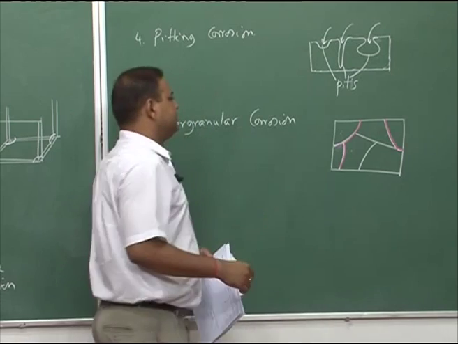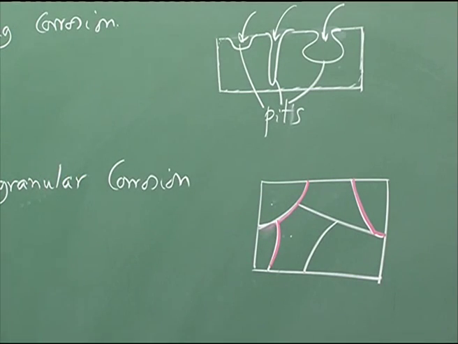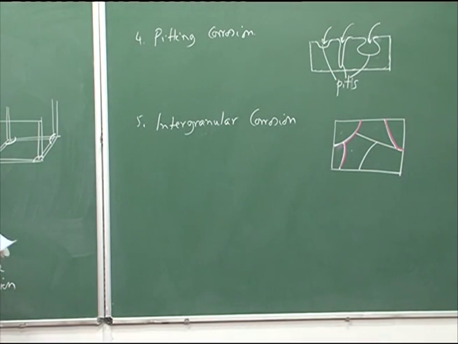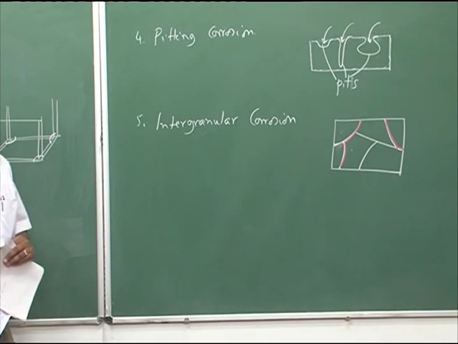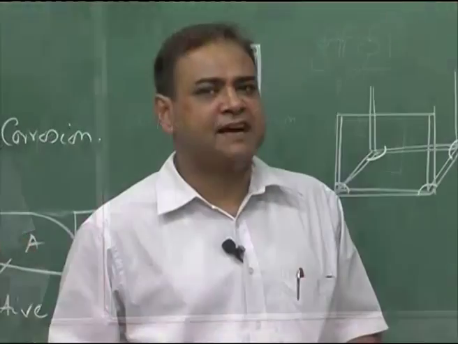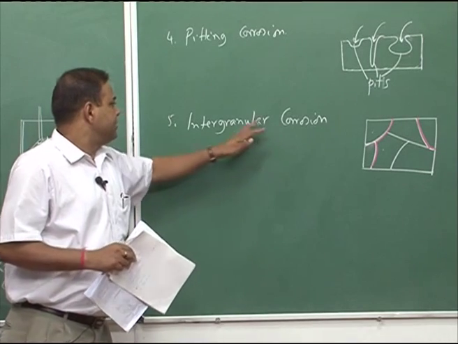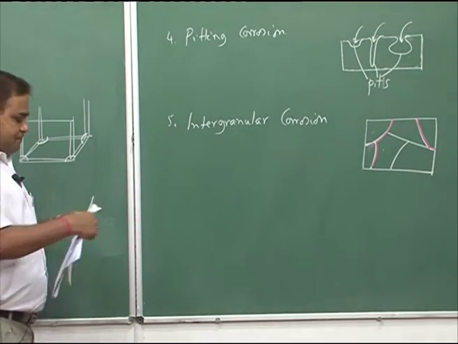Like that, the corrosion will happen into the metal object along the grain boundary. That is what is called intergranular corrosion. This happens in the case of 18-8 stainless steel, if it is sensitized. We will talk about that later when we discuss intergranular corrosion in greater detail.